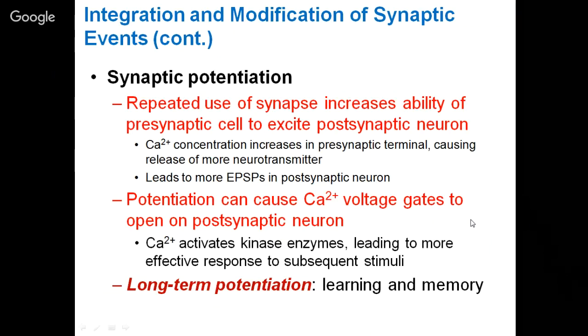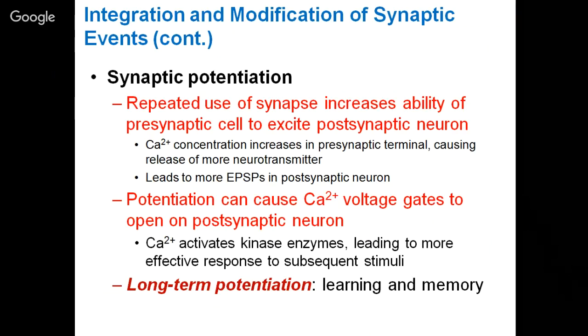So synaptic potentiation, that's another concept that we need to know. That is, the repeated use of a synapse increases the ability of the presynaptic cell to excite the postsynaptic neuron. In there, what will happen is calcium ion concentration increases in the presynaptic terminal, causing release of more neurotransmitter.